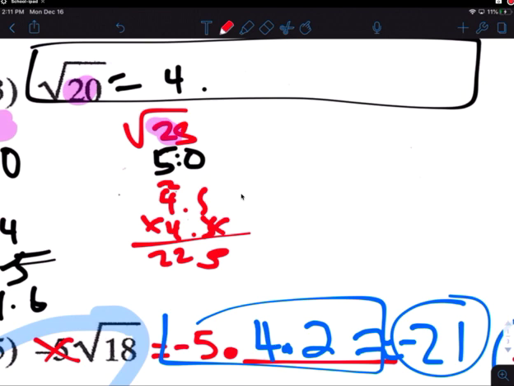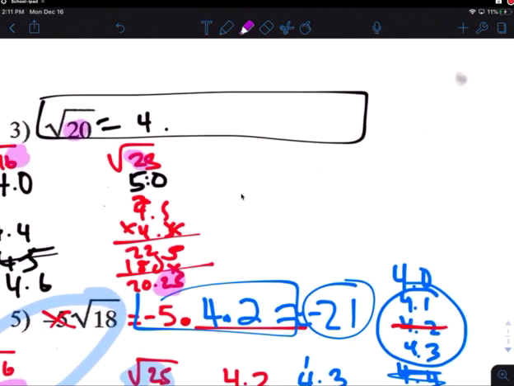Okay, 20, carry the 2, 16, 17, 18. This is 20.25. It's over by 0.25.